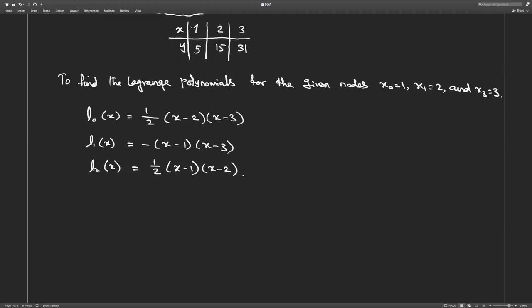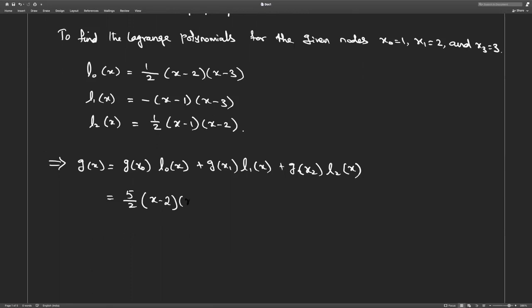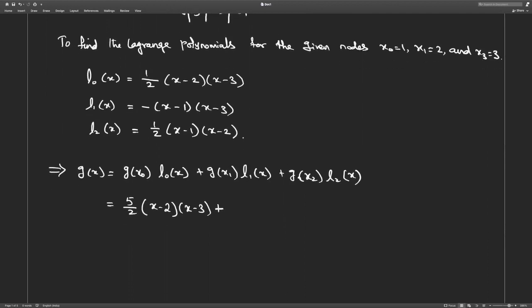Therefore, we can write the polynomial g of x in the Lagrange form as g of x0 into L0 of x, right, plus g of x1 L1 of x plus g of x2 L2 of x, and that is given by 5 by 2 into (x minus 2) into (x minus 3) plus g of x1 is 15.